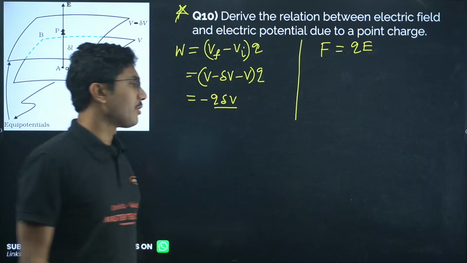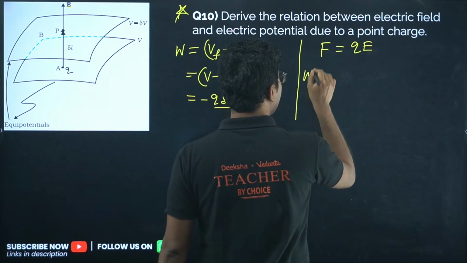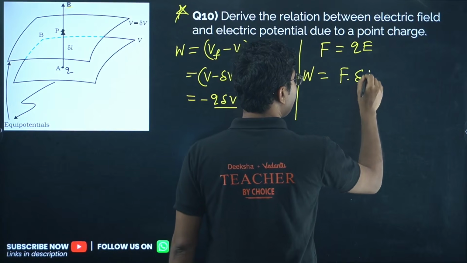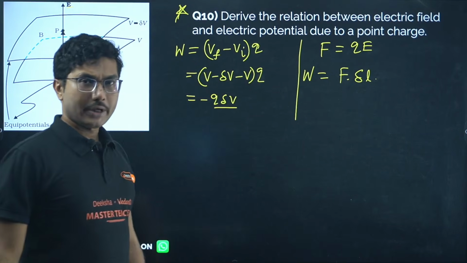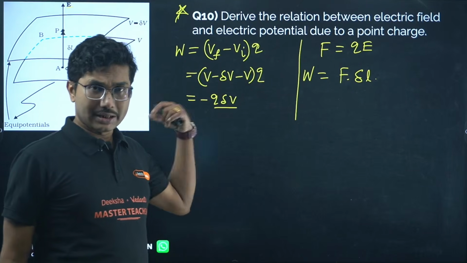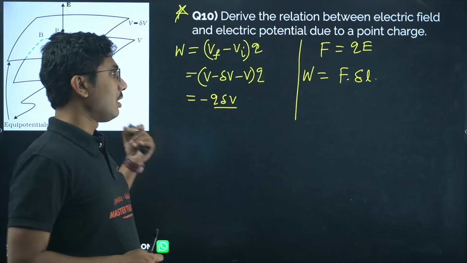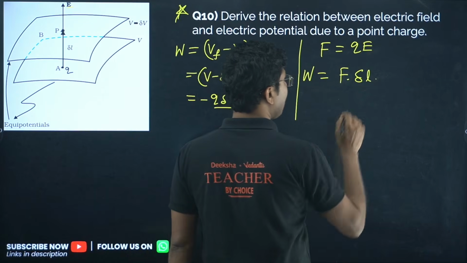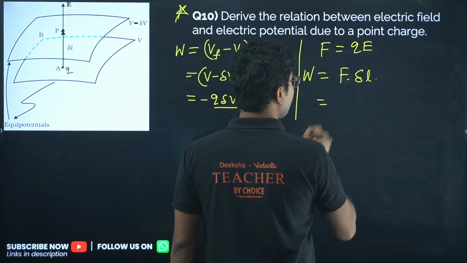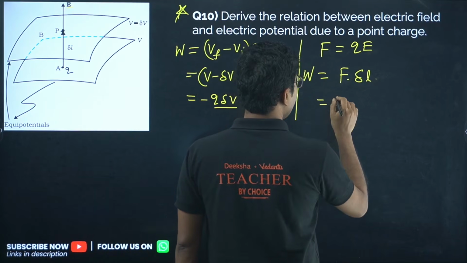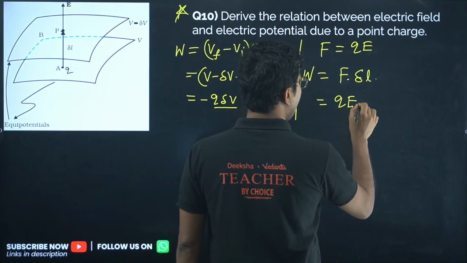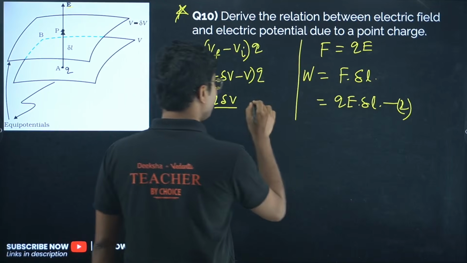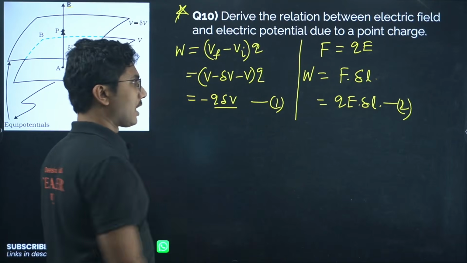Now how much work do you have to do? The work that you require to do is equal to the force into the displacement. Because the work is being done by the electric field itself, there is no negative sign. So work done is given by F into delta L, which is Q into E into delta L. Now both of the works must be the same, so this is equation 2, this is equation 1, both works have to be the same.